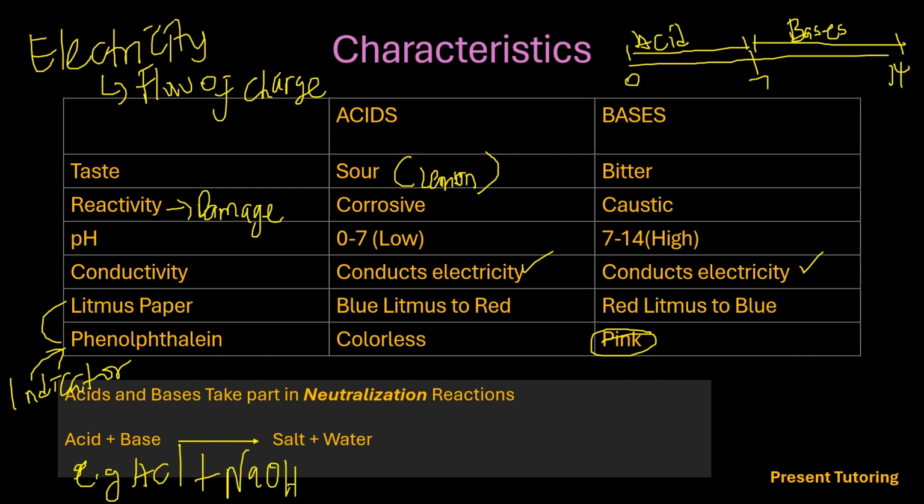What happens is that the H here adds up with the OH here, and then the Cl adds up with the Na. So that ends up producing sodium chloride, which is a salt, plus H2O. The key here is that water is being formed, and then everything else combines together to form a salt.